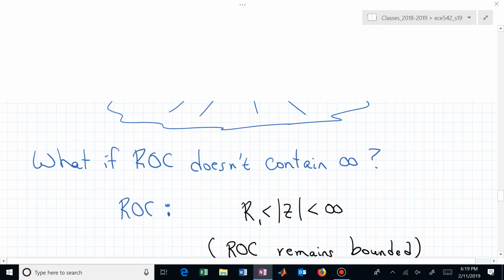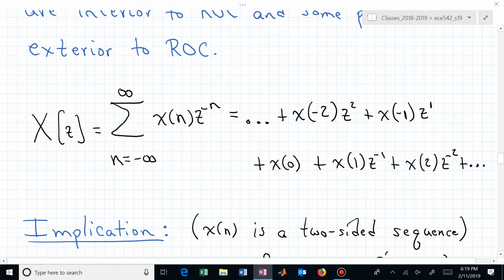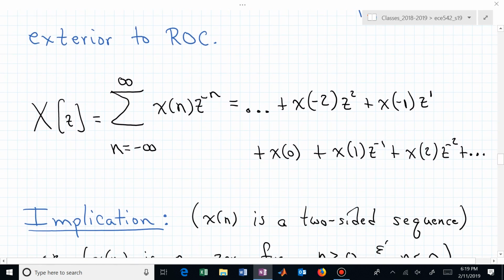When z was equal to 0, we had problems when we divided by z, on our causal behavior of the sequence for indexes on x of n that were positive.